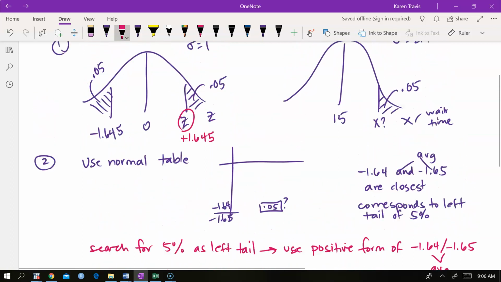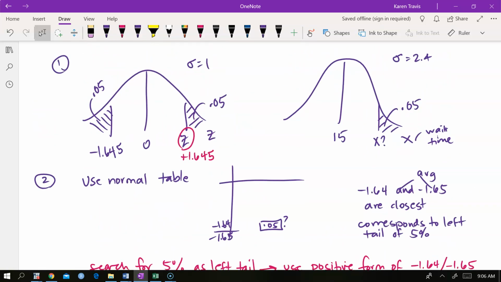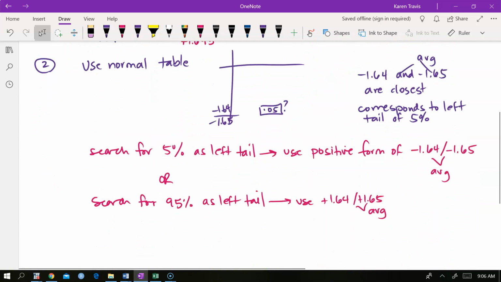So now we know that the Z score for a 5% tail on the right will be 1.645 positive. And then our next step is to use our formula x equals mu plus z sigma.